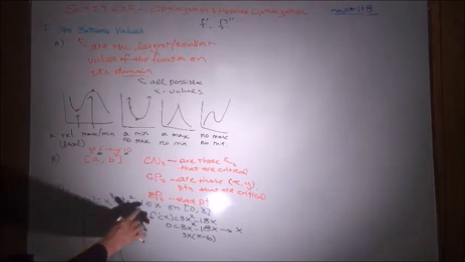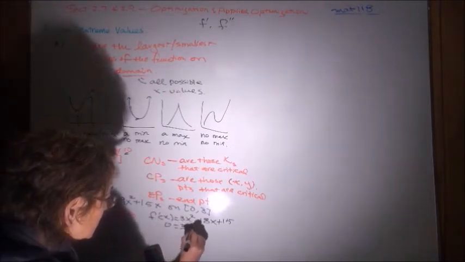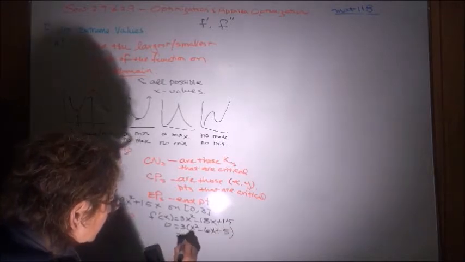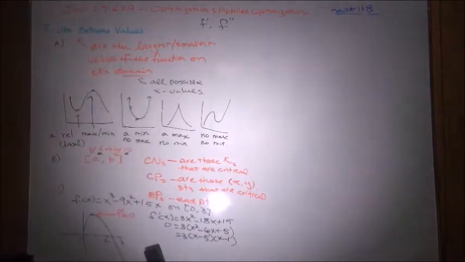Oh, I forgot my 15. So let's find out. We take the 3 out, it would be x squared minus 6x plus 5. Then you factor it, and it becomes x minus 5 and x minus 1, right?